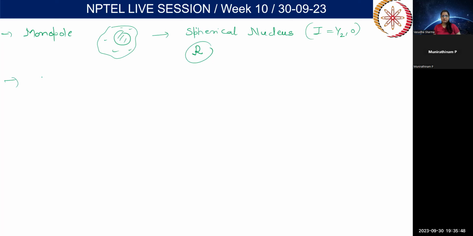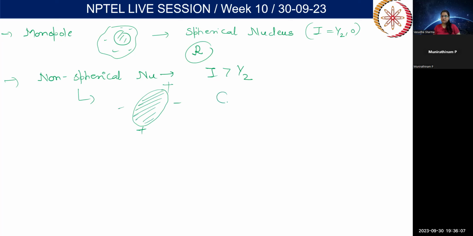If we don't have a spherical nucleus, we have a non-spherical nucleus. In that case, the I value has to be greater than half. Now we will have an ellipse kind of shape of the nucleus where the charges would be on the ends and the electrons would be surrounding like this. This comprises a quadrupole.